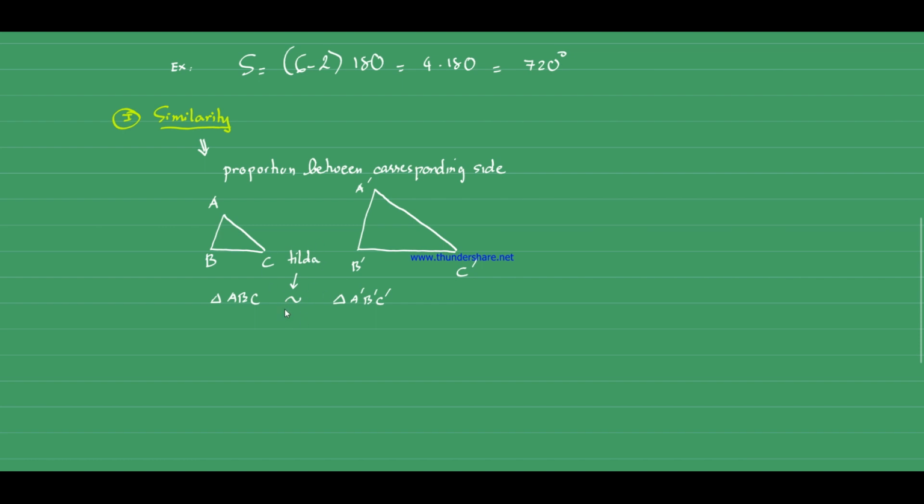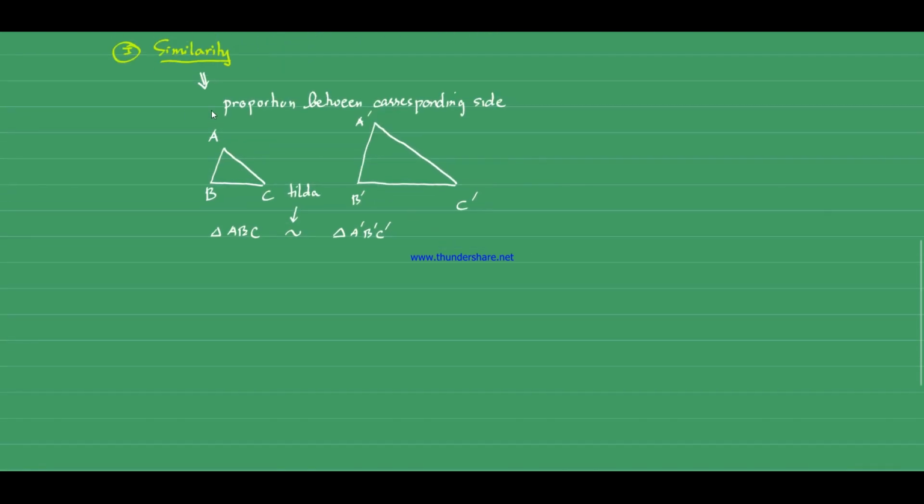So this tilde symbol over here means similarity. So they have a triangle here similar to this triangle. And when you have similarity, you have proportion, but proportion between the sides. It means from here I can set up the ratio between the corresponding sides.